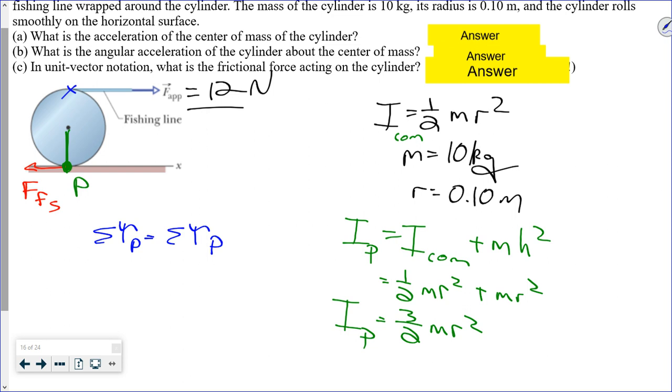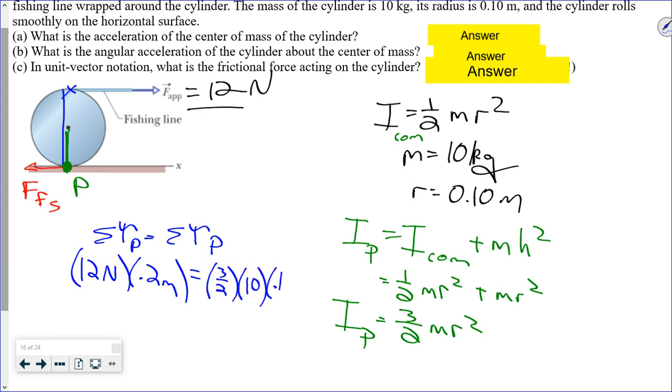So that's 12 newtons as the force times my lever arm, which is double my radius, so 0.2 meters, equals I about the pivot point, which is 3/2 times the mass times the radius, don't forget to square it, where the radius of the object is 0.1 meters. Times alpha, where alpha is just a over r, so a over 0.1.